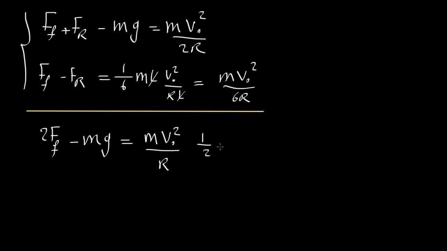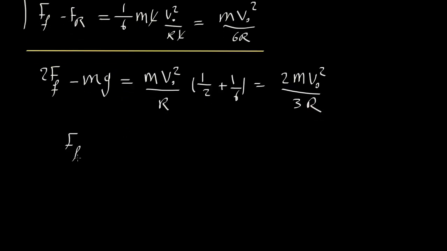So 1 over 2 plus 1 over 6, which we can write down as 3 over 6 plus 1 over 6. This would be 4 over 6, and that would be 2 over 3. So 2m v naught squared over 3r. So f of f would be half of this quantity if we divide both sides of this equation by 2. And we have to also bring the mg on the right hand side.